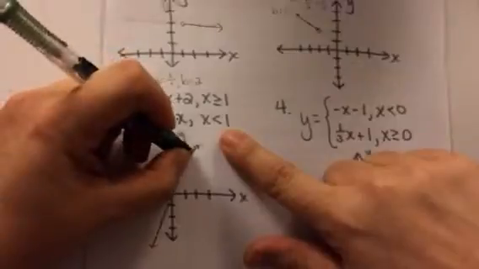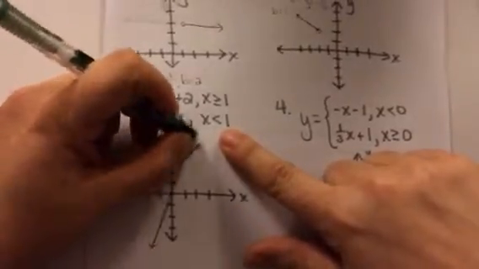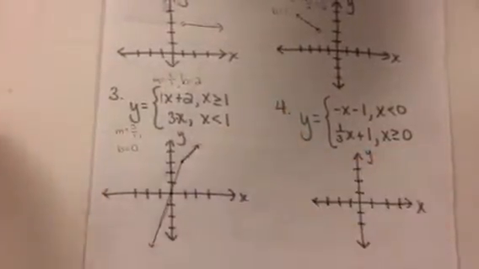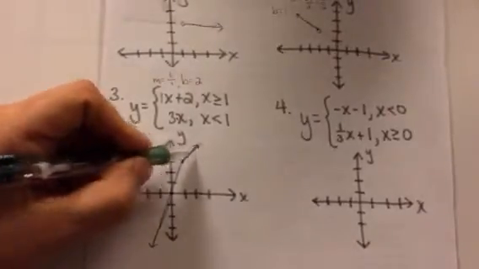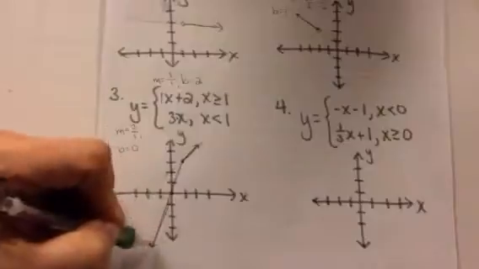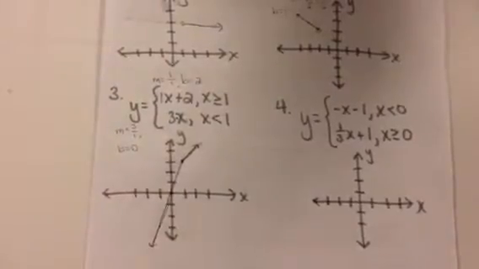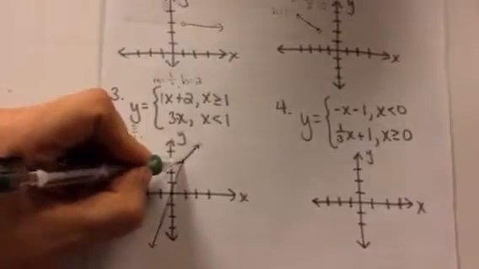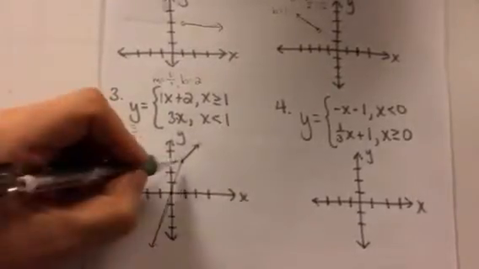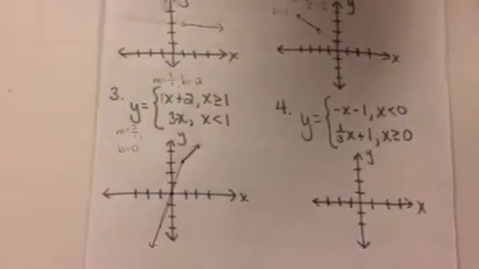So I'm going to erase the rest of that line to the right, and those ones actually connect. So I've got the y equals x plus 2 portion here, and I've got the y equals 3x portion there, and they connect right there. So you could write the open circle surrounding the closed circle if you want, but you don't have to because that closed circle was already there from that.